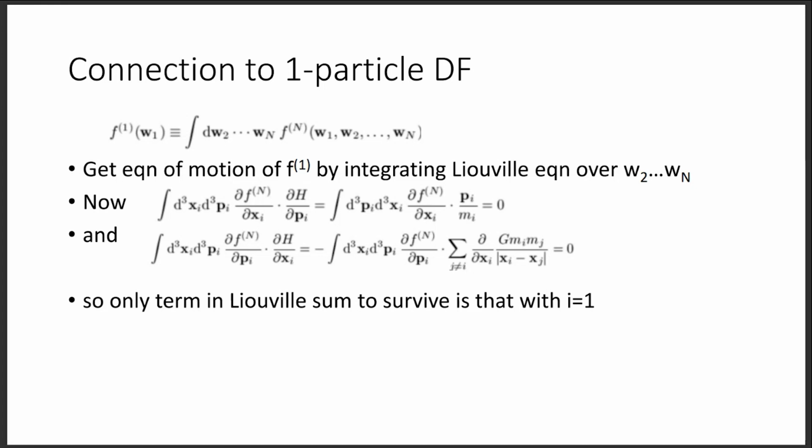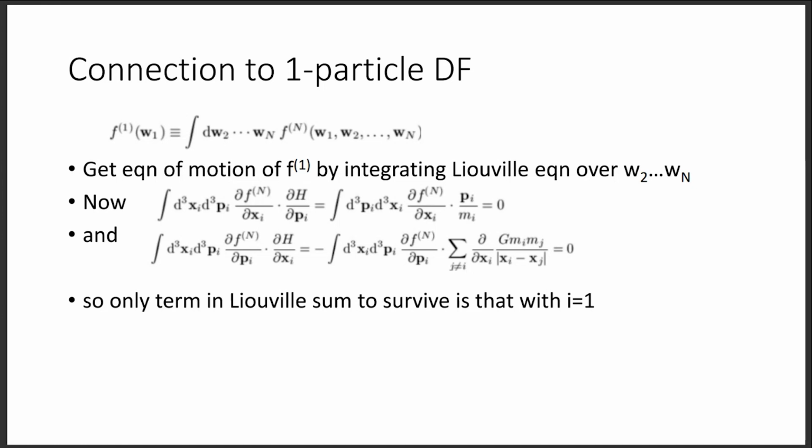This is the probability of finding the first particle here, regardless of where all the other particles are. So I can get the equation of motion of this beastie by integrating the equation of motion for the whole thing, Fn, that we just derived, integrating it over the locations of all the other particles.